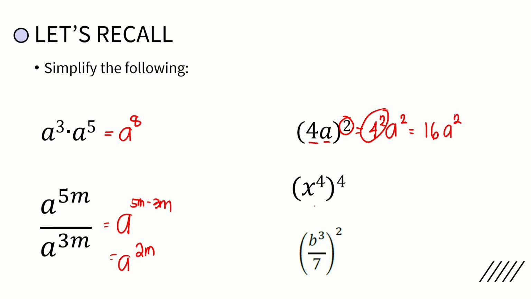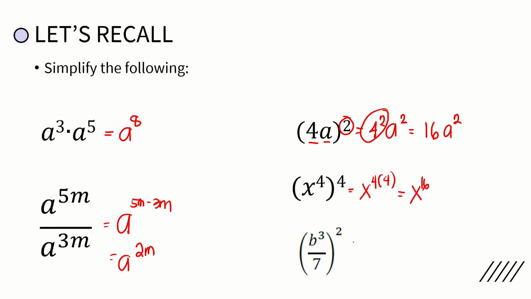Next example, we have x raised to 4 raised to the fourth power, which is an example of a power to a power rule, wherein we're going to multiply the exponents. So we have x raised to 4 multiplied to 4, and our answer is x raised to 16.